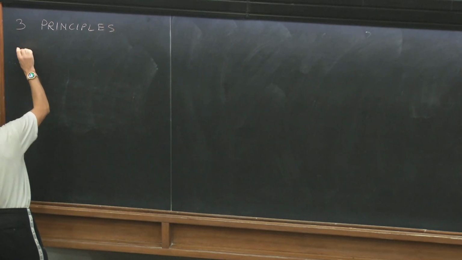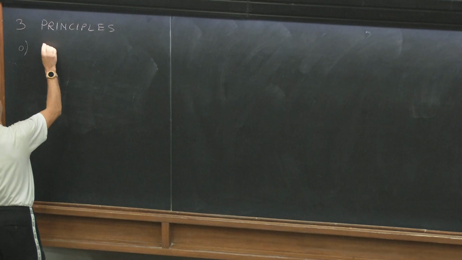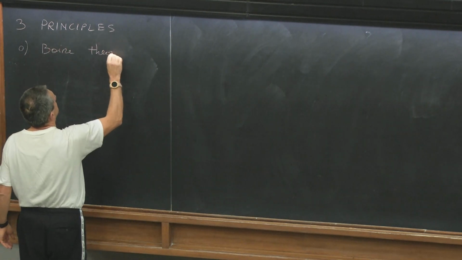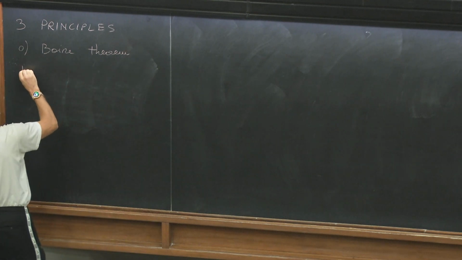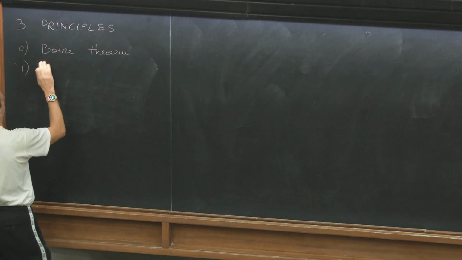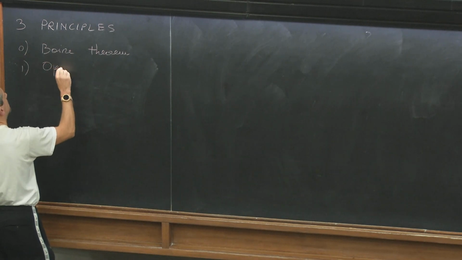Okay, so the zero principle is the Baire theorem. Then the uniform boundedness, or open mapping, let's say open mapping.